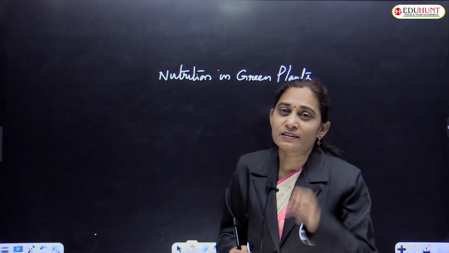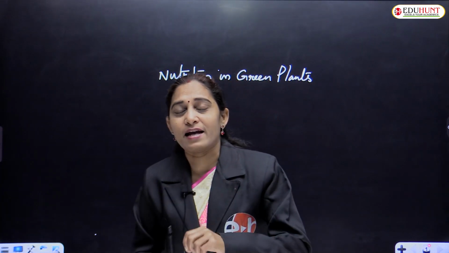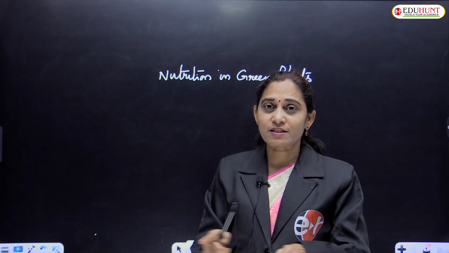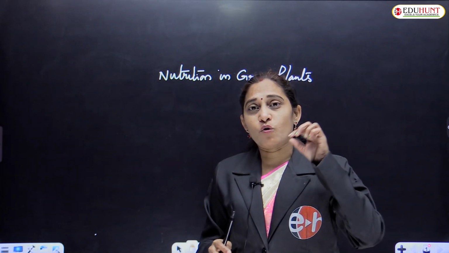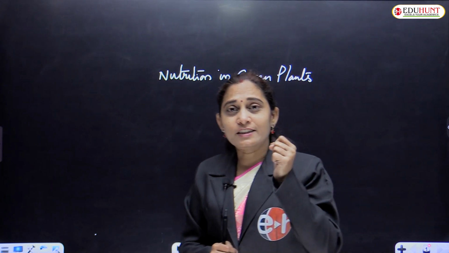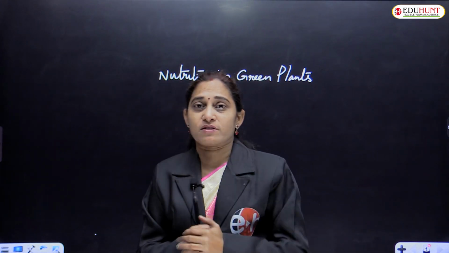Chlorophyll pigment is the actual site of photosynthesis. Chloroplast is the cell organelle and chlorophyll is the pigment molecule in which the energy trapping process takes place.